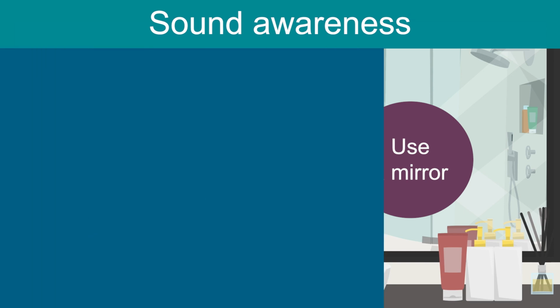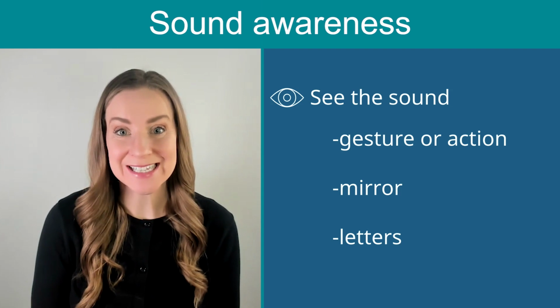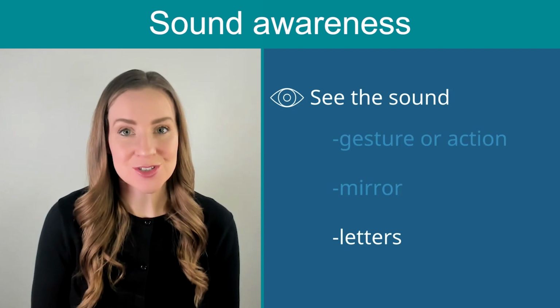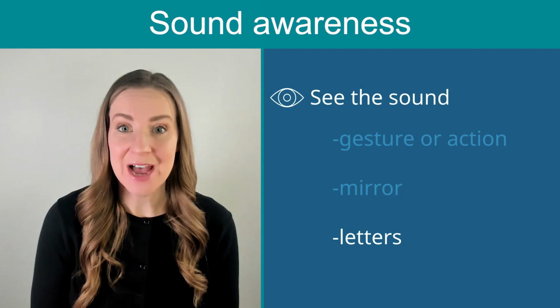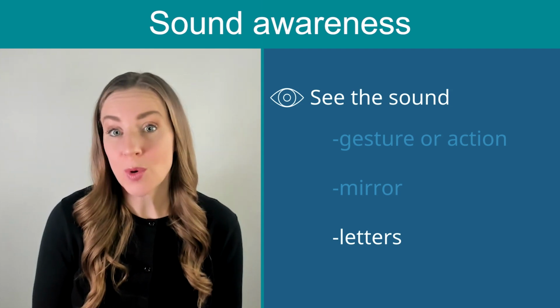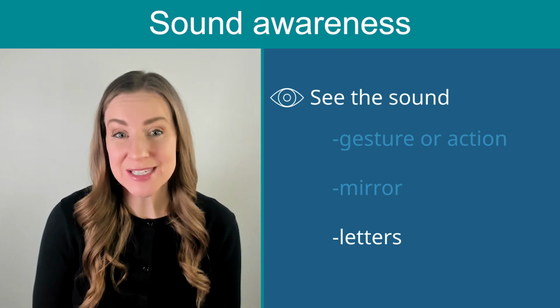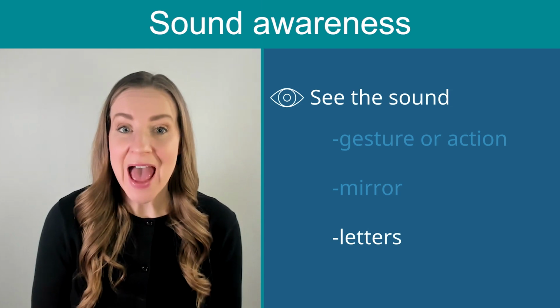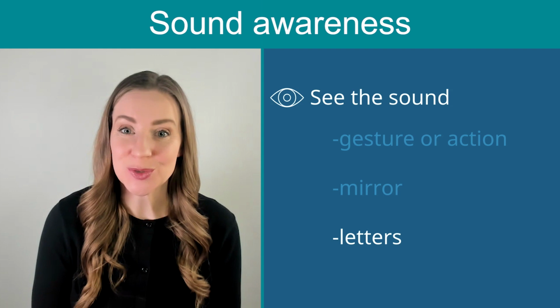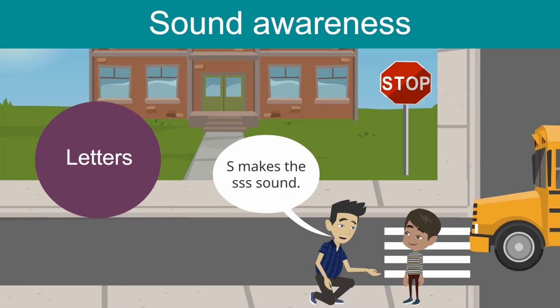The third way to encourage your child to see the sound is by using letters. Show and talk to your child about the letter that the sound makes. You can point out the letter in books, on signs, or anywhere you see the letter around you. Connecting the sound to print helps with reading and writing too. You could say, S makes the S sound.